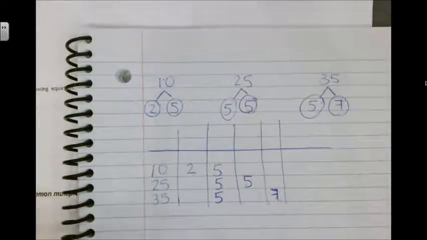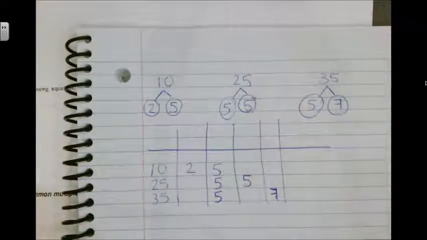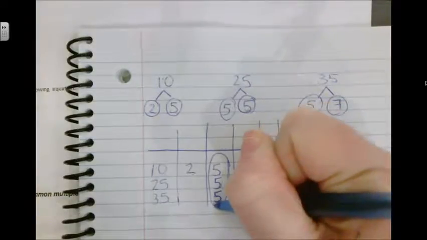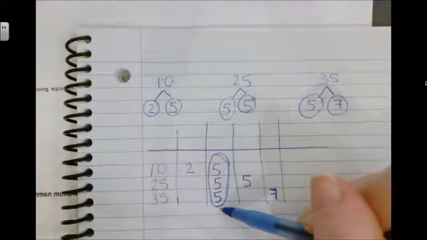Okay, so in this question, it was asking us for LCM, but I just want to make sure you know how to find the GCF also. For the GCF, greatest common factor, from this table you're only taking the numbers that all three of the numbers had in common. All three of them had a 5. If there were 4 numbers, there would need to be a fourth 5 under here.